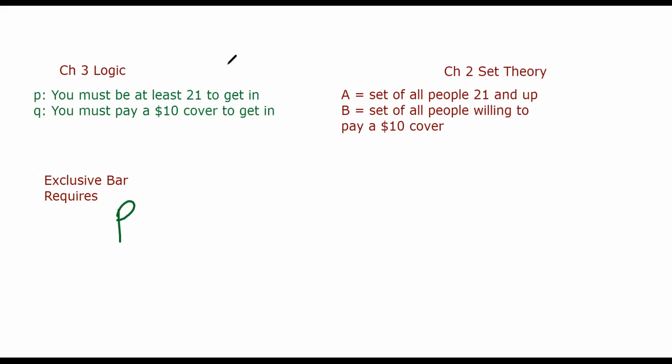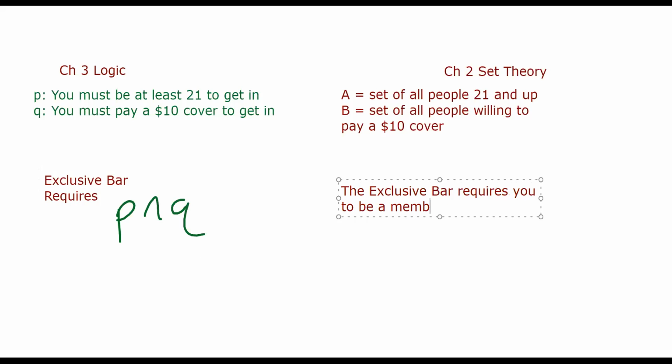it requires P and Q. It requires you to be both 21 and up and pay $10. The exclusive bar requires P and Q. In set theory, what we're going to say is the exclusive bar requires you to be a member of A intersect B. Remember, the intersection is the thing that these two sets have in common.